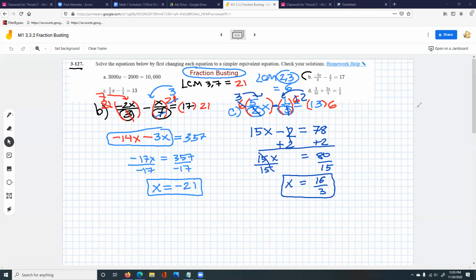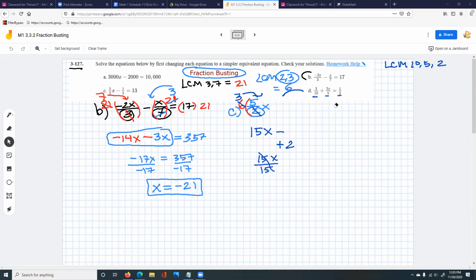D, we could do D. I'm not going to make you do it. I'm just going to ask you, what are we going to multiply? Look at our 3 denominators. We have 10, 5, and 2. So this time we have 3 denominators to deal with. What is the lowest common multiple of 10, 5, and 2, you guys? It's 10, right? 10 is a multiple of all 3 of those numbers.